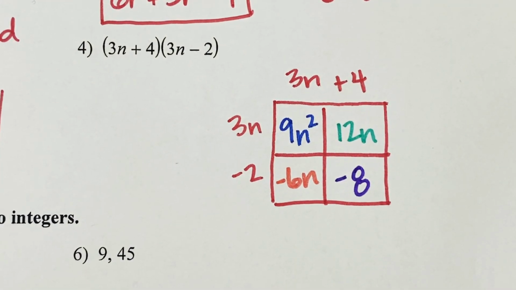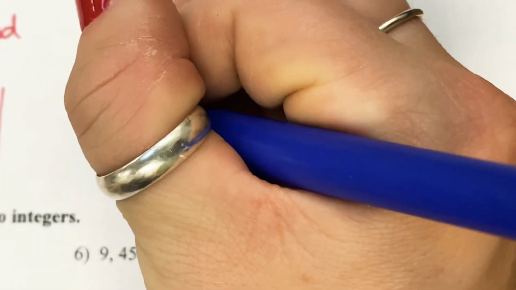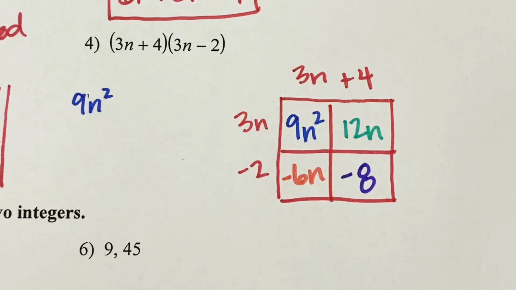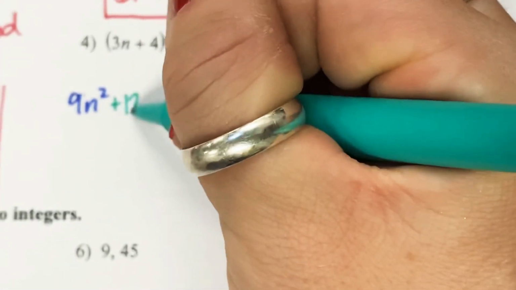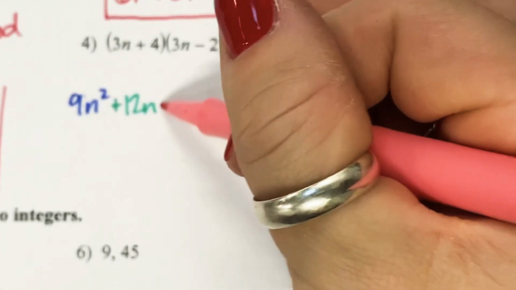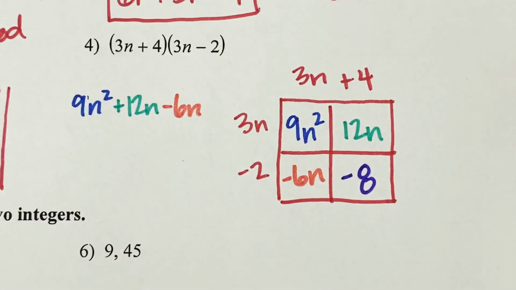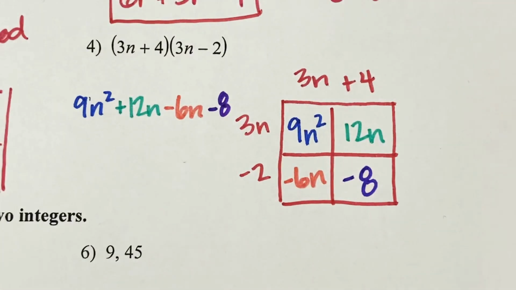Okay, so now I can rewrite these in the order in which we solve them. So 9n squared, plus 12n, minus 6n, and minus 8. Okay, last step, let's combine like terms.